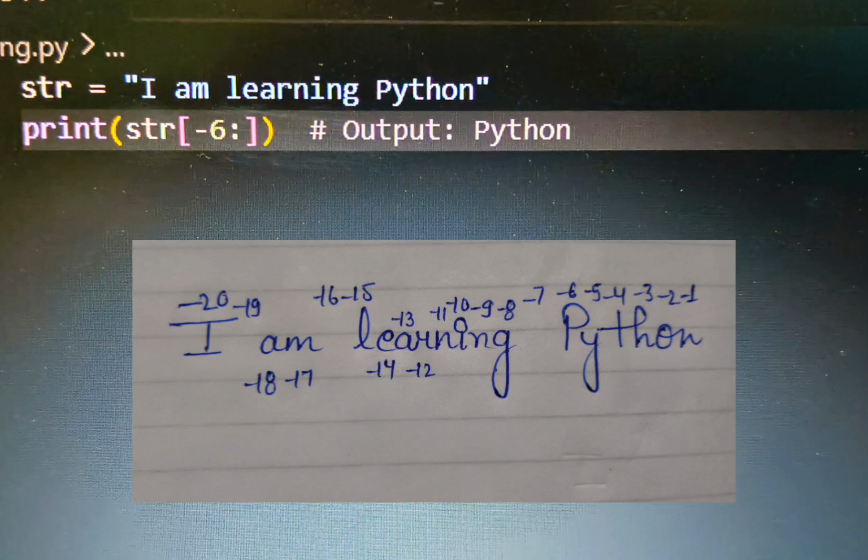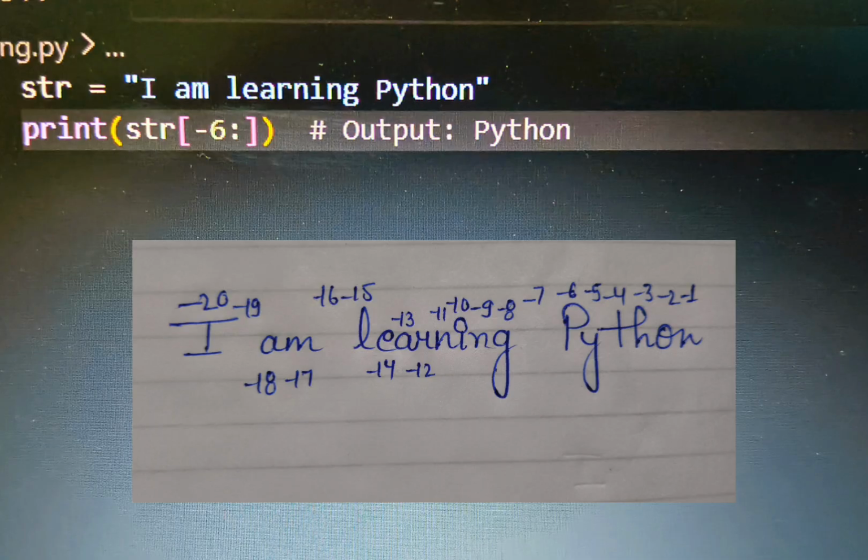When you count minus 1, minus 2, minus 3, minus 4, minus 5, minus 6, the minus 6 index will lie at the character P from the right hand side. So the first position is minus 6. It is telling that our accessed character will start from the P.